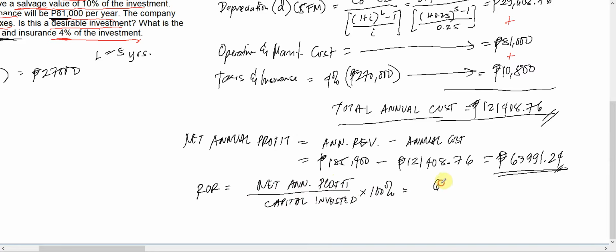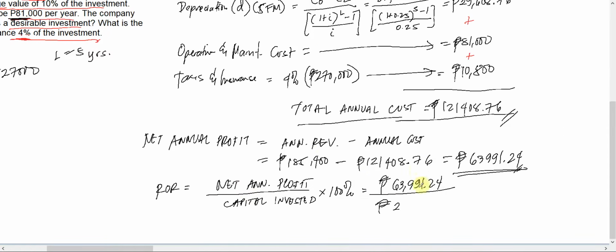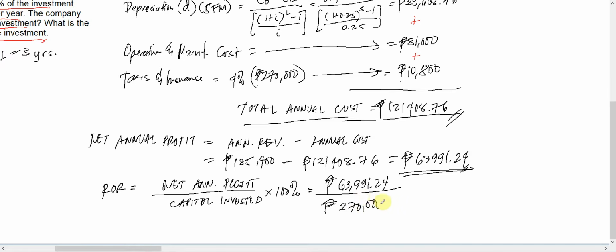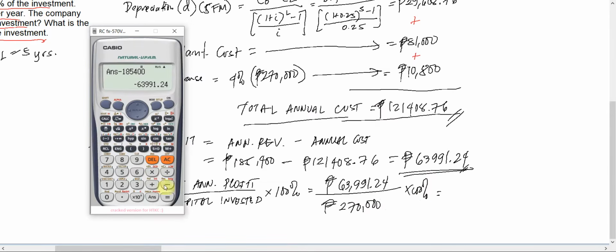So, that is 63,991.24 pesos divided by capital invested, that is 270,000, times 100%.